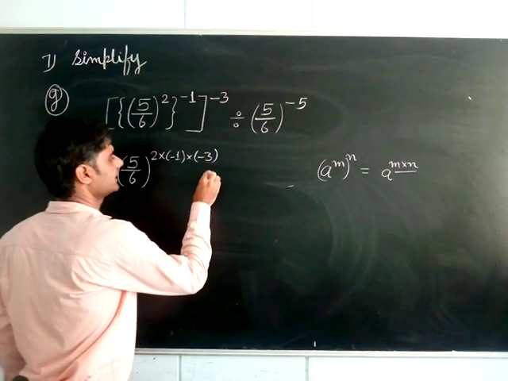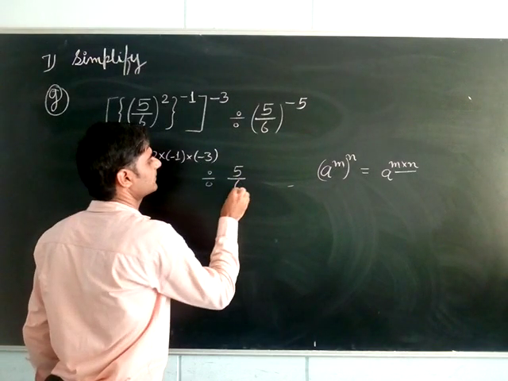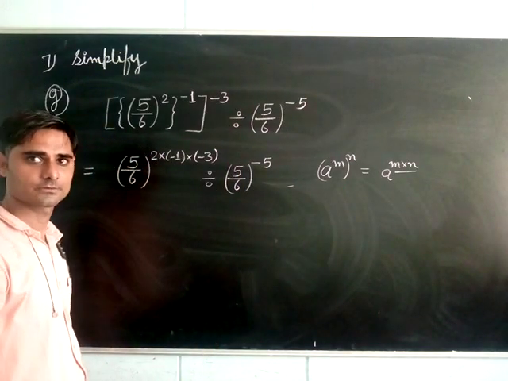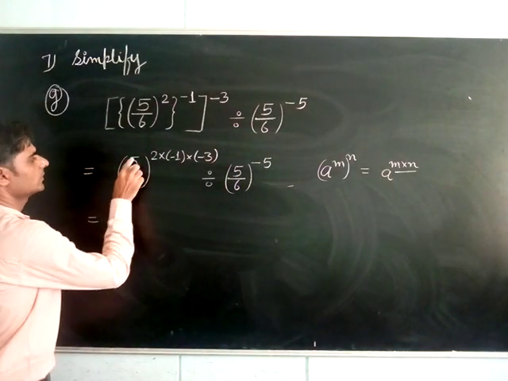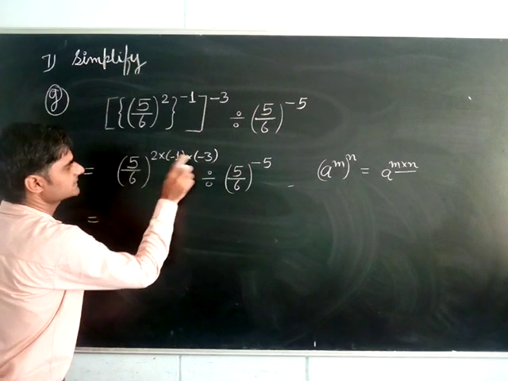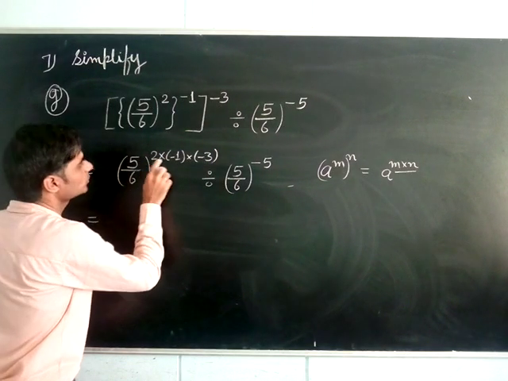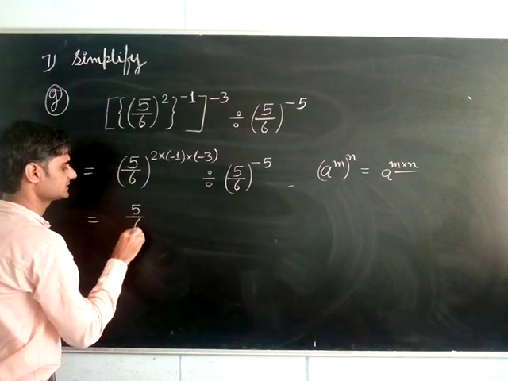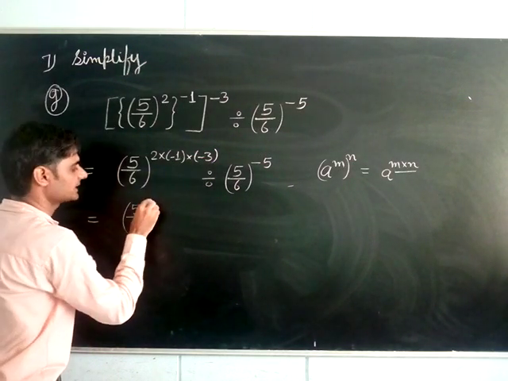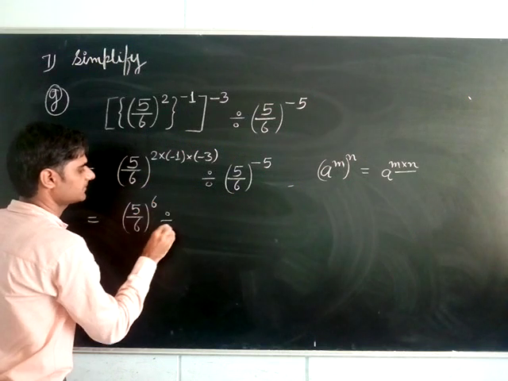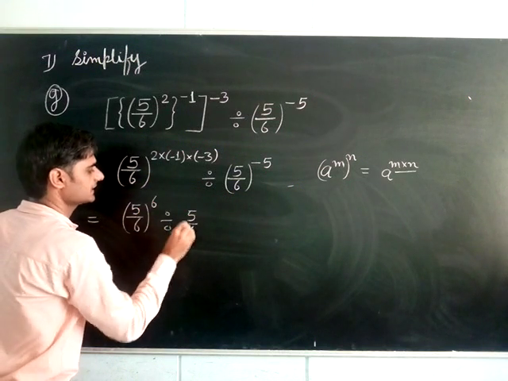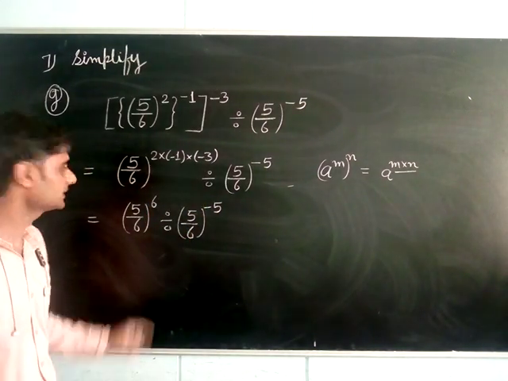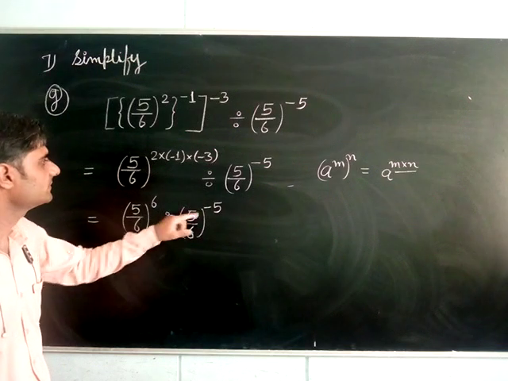Okay, divide by this (5/6) all power minus 5, right? So this will be equal to (5/6) power, so minus minus plus will come. 2 ones are 2 and 2 threes are 6. So (5/6) power will be plus 6 and divide by (5/6) power minus 5. Right? Now in division the power will be subtracted.